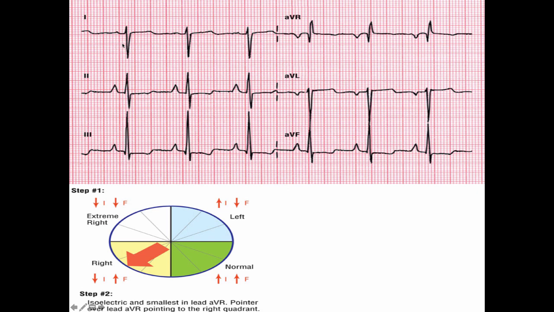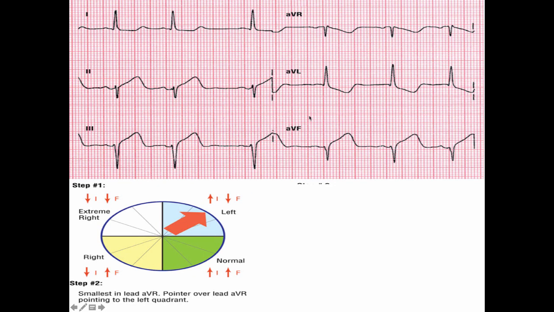Look at AVF, and again, there's some positivity and a little bit of negativity, a small S wave, but this is mostly upright. So we have a negative lead 1 and a positive AVF. So we are in the right axis deviation quadrant.